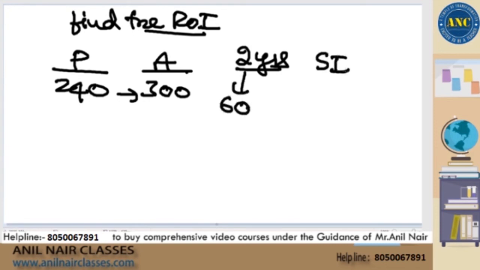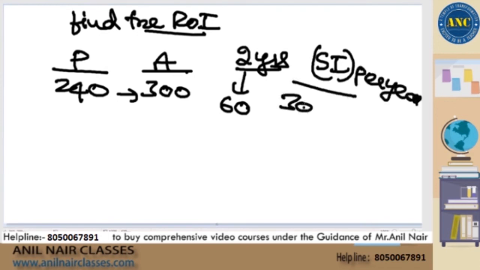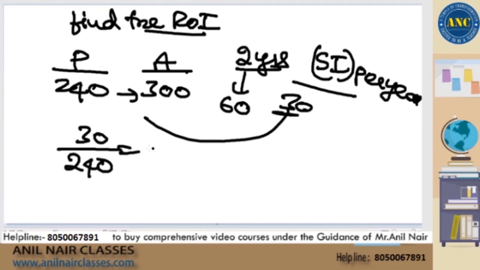So simple interest for 2 years is 60, so per year it will be 30. So per year it will be 30 by 240, 1 by 8, 12.5%. This is how you determine the rate of interest, beta.